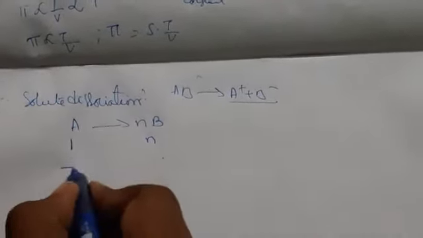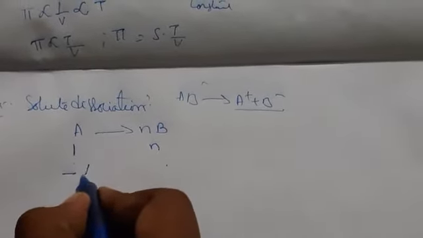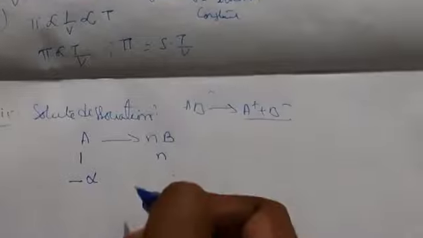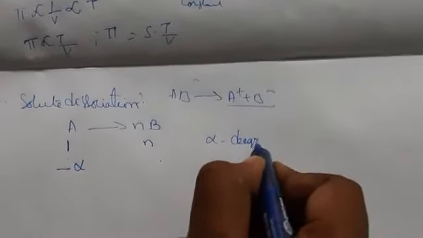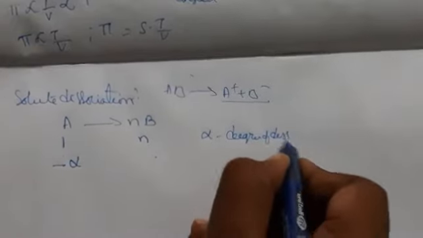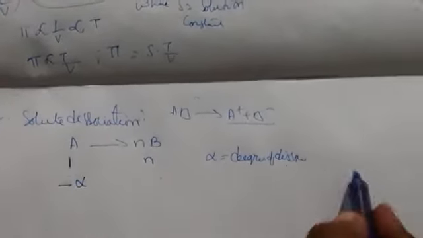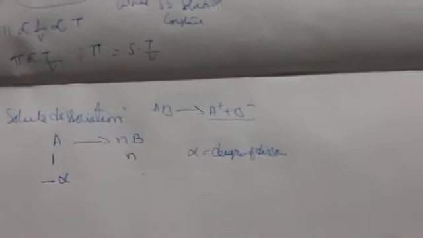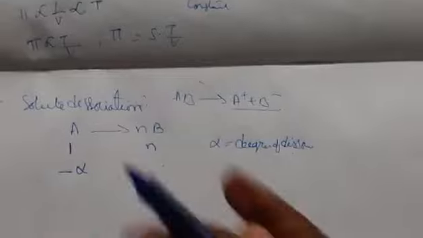If it undergoes dissociation, alpha is the degree of dissociation, where reactant and product molecules are in equilibrium.